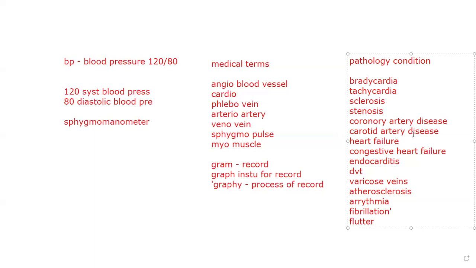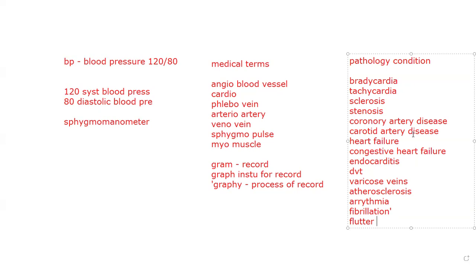And heart failure: heart failure does not mean the heart has stopped completely. The exact meaning is that there is insufficient blood supply to the body. That is called heart failure. Congestive heart failure is also insufficient blood supply to the body's needs, due to the accumulation of fluid. That is called congestive heart failure.